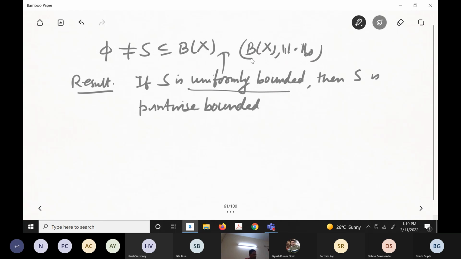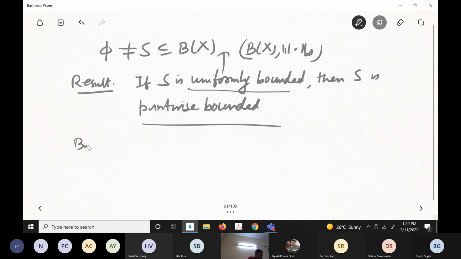I'm trying to explain. Of course, you should read the proof and understand it, but more than that, first of all you should understand the statement of the theorem, why it is important, why people are crazy about the Ascoli-Arzela theorem. More than the theoreticians, the applied mathematicians use it. So if S is uniformly bounded, then S is pointwise bounded.